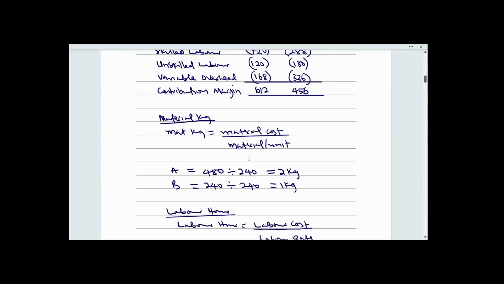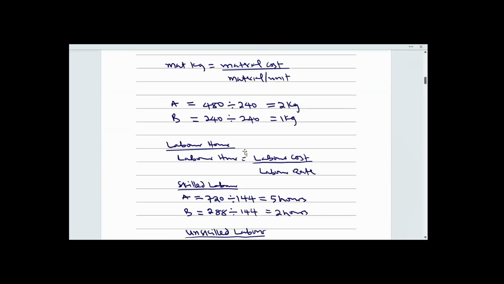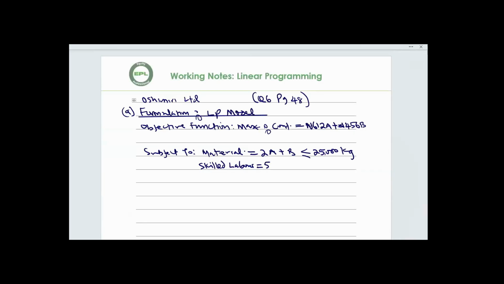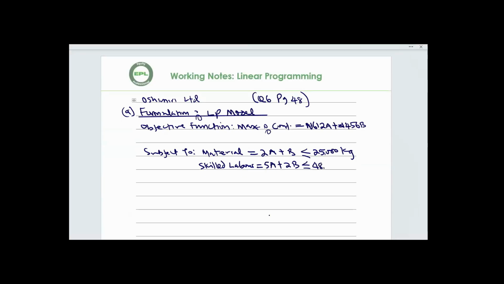For the skilled labor, per hour for grade A is 5 hours to 2, 5 to 2. So I will say 5A plus 2B less than or equal to the total skilled labor hours available in the question, which is 48,000 hours.